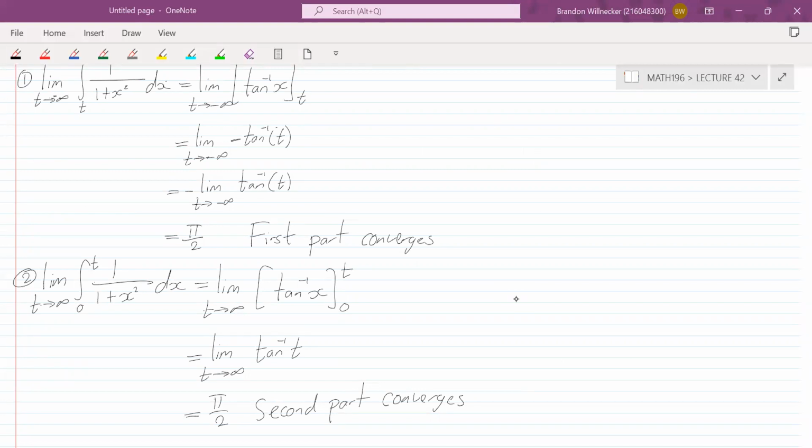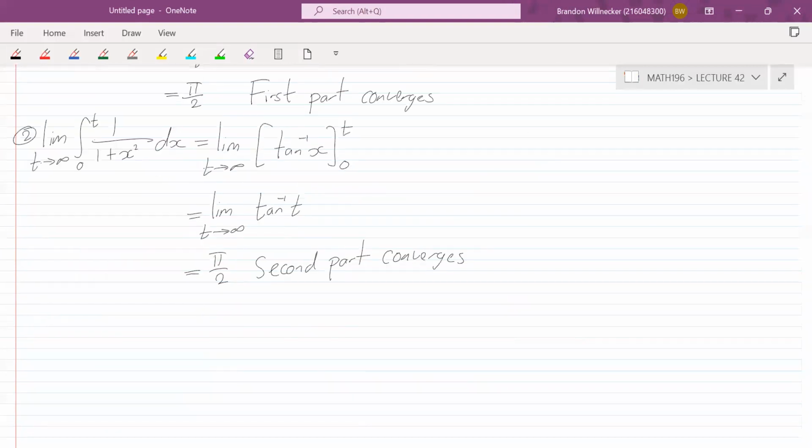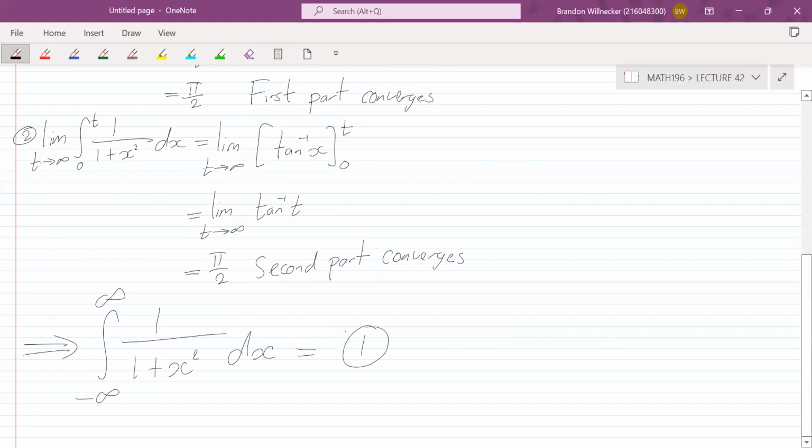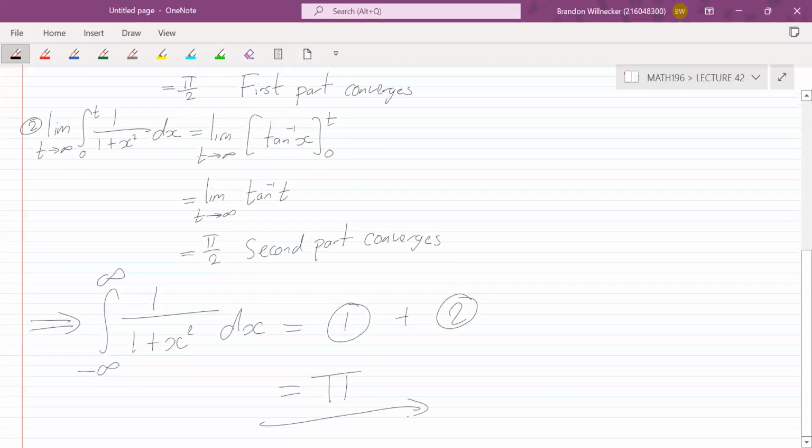So we can just add the two parts together. So finally, the integral from minus infinity to infinity of 1 over 1 plus x squared dx is equal to part 1 plus part 2. So that's pi over 2 plus pi over 2. That's just pi.